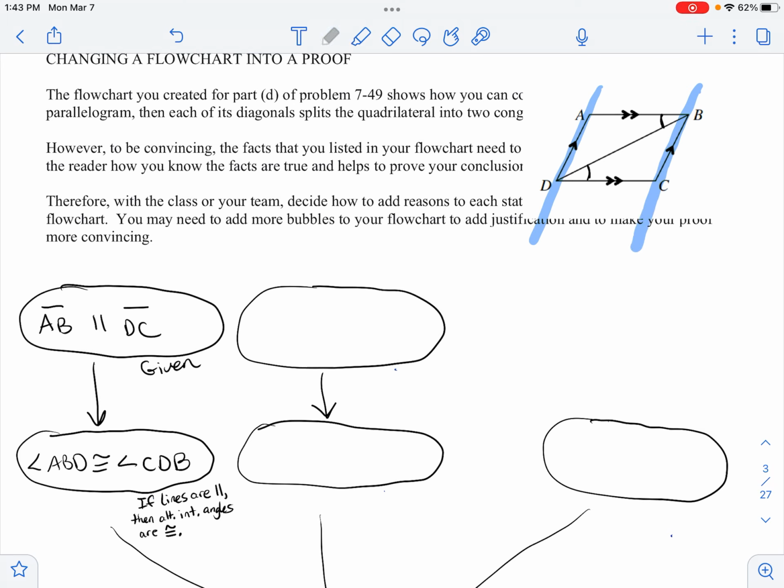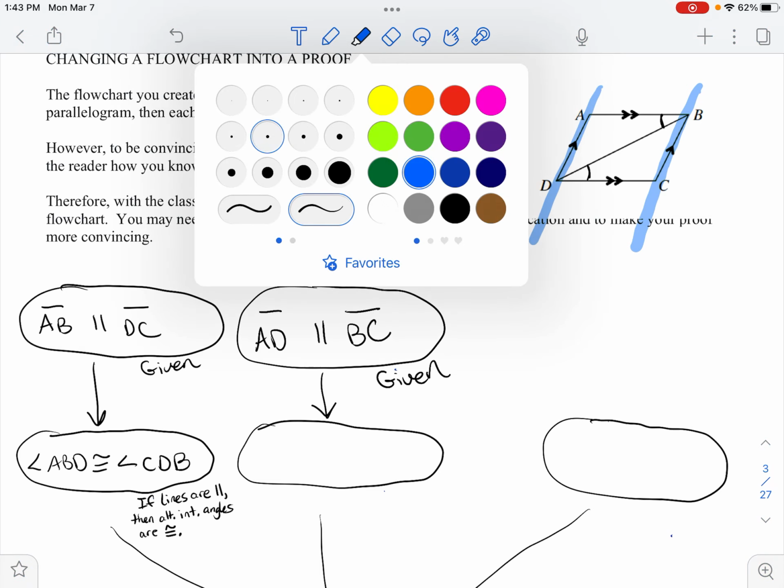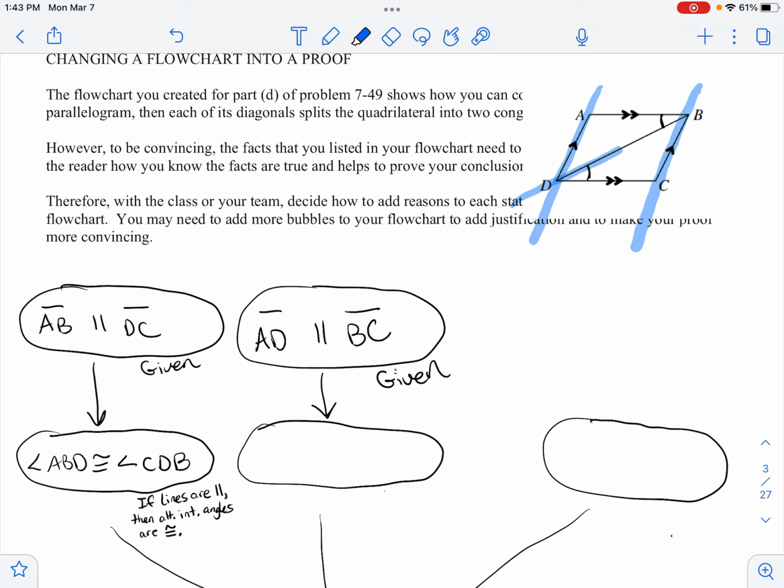And so in that second bubble from the top, we can say the other given information is that segment AD is parallel to segment BC. And how do I know that? Because the arrows are given to me in the diagram. So I can just say the fact that they're parallel is given. Now, if we use DB, that shared side is your transversal.